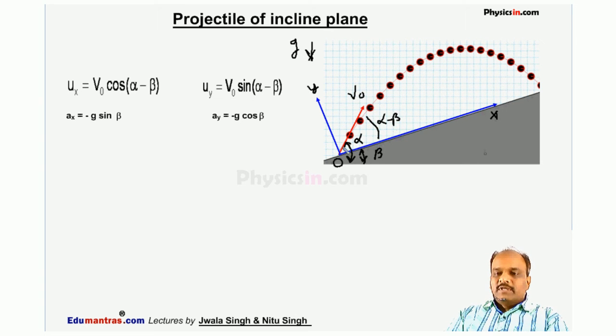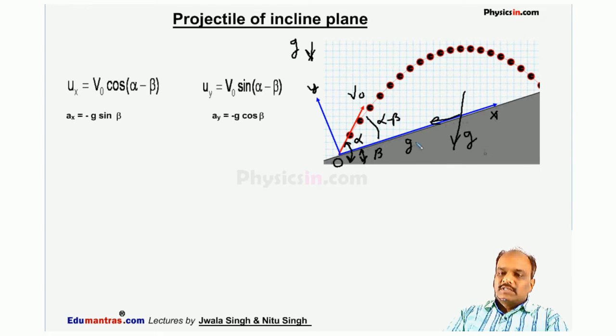Now if this is alpha minus beta, we can say Ux is v naught cos (alpha minus beta), because this angle is alpha minus beta. This is Ux, this is Uy. Uy is v naught sin (alpha minus beta). In the same way, we know acceleration due to gravity will always act vertically downward. So one component of g is in this direction.